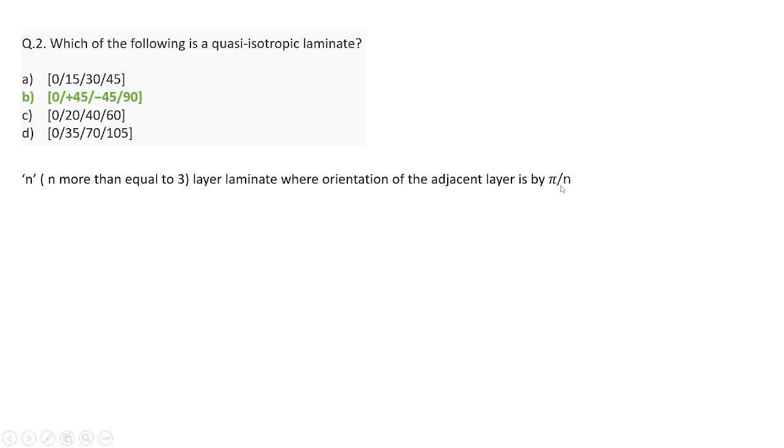So pi divided by 4 will be 45. So the adjacent layers' orientation should have a difference of 45 degrees. So only the second option is the one in which there is 0, then 45, then minus 45, and then 90. So they have a difference of 45 degrees among them. Therefore, this is the option which will be correct.